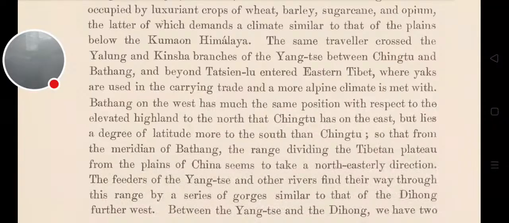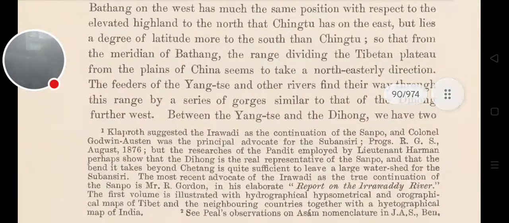Bathang on the west has much the same position with respect to the elevated highland to the north that Qingtu has on the east, but lies a degree of latitude more to the south than Qingtu, so that from the meridian of Bathang, the range dividing the Tibetan plateau from the plains of China seems to take a northeasterly direction.